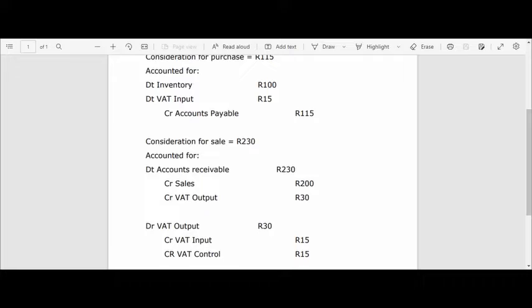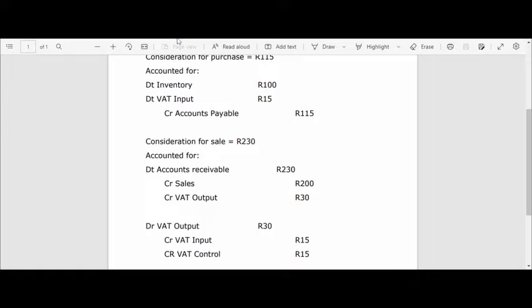So you'll have thousands of entries of input VAT and thousands of entries of output VAT. So at the end of that period, and I'm going to come back to a little fine tuning just now, you're going to balance off or close off your VAT output account and you're going to close off your VAT input account to the VAT control account.